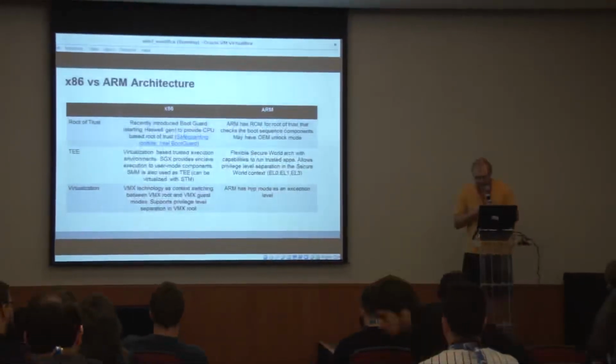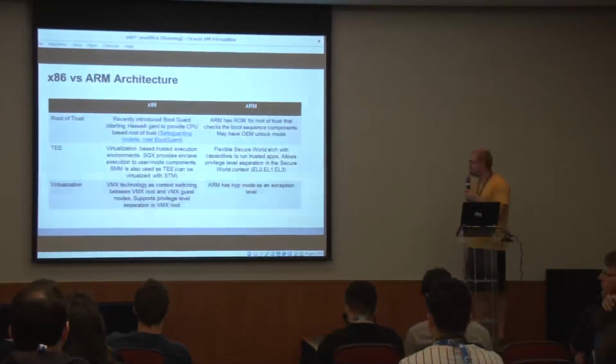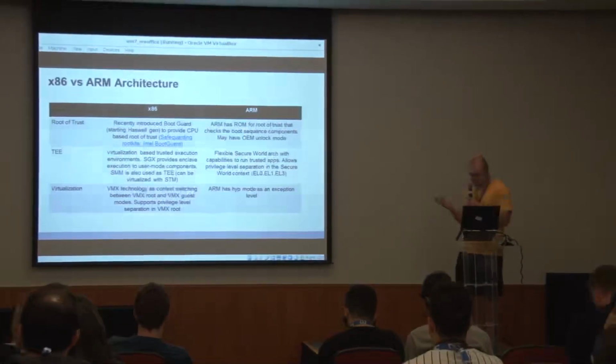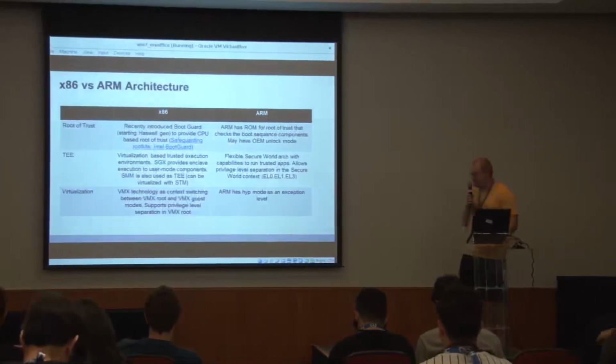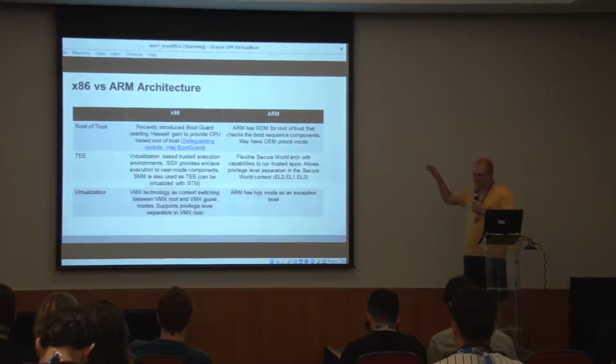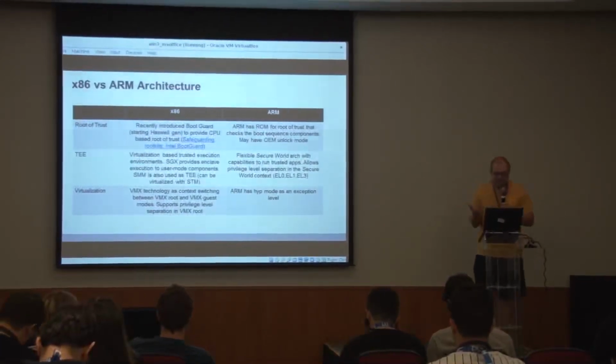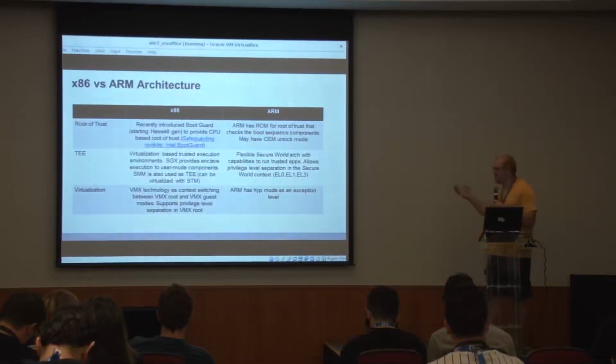So, about the TEE, the trusted execution environment. As I already mentioned, ARM has really good flexibility in TrustZone. There are privilege levels, which from a technology perspective are similar to what virtualization does in x86, because x86 virtualization also has privilege levels and separation between them.